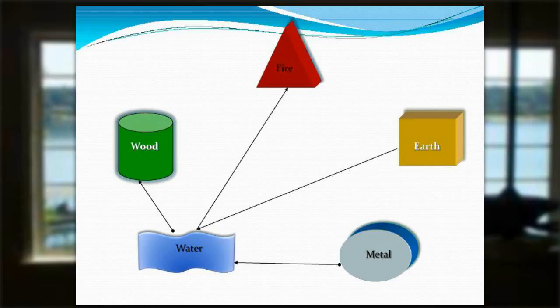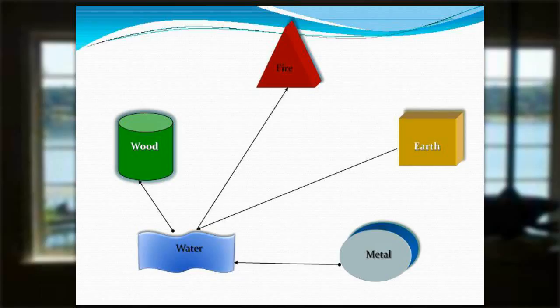Okay? So again, I want to show you that there is an actual relationship between every one of these elements with water. If you remember, water makes wood grow. Remember, water puts out fire. If you remember, earth muddies water. And then from water back to metal, water will rust metal.